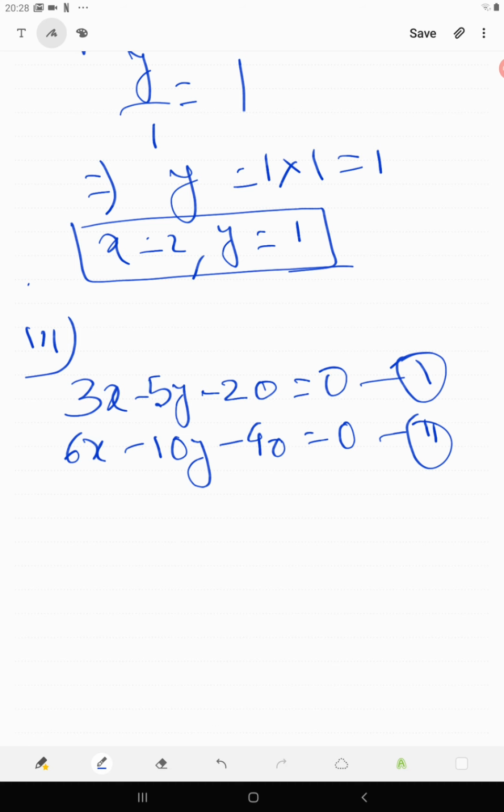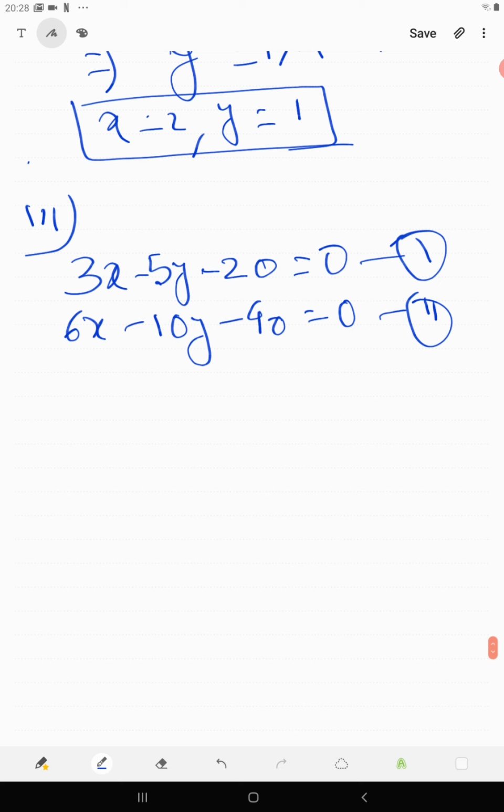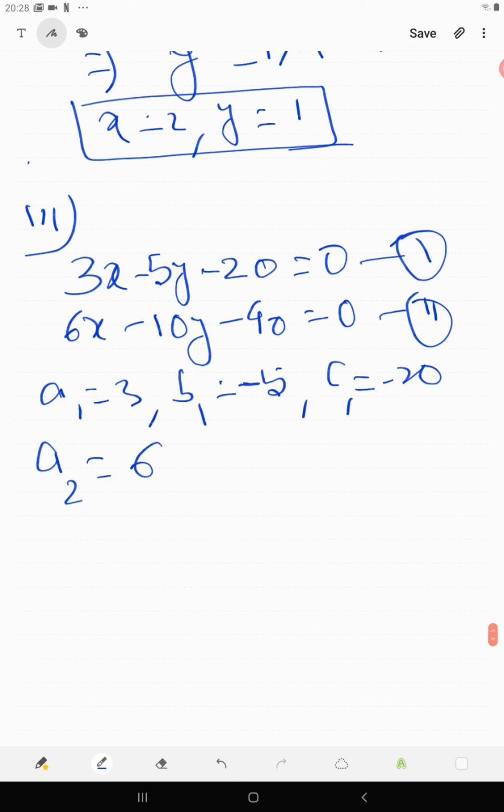So what we get in this case is a1 equals 3, b1 equals minus 5, c1 equals minus 20. Similarly, a2 equals 6, b2 equals minus 10, and c2 equals minus 40.